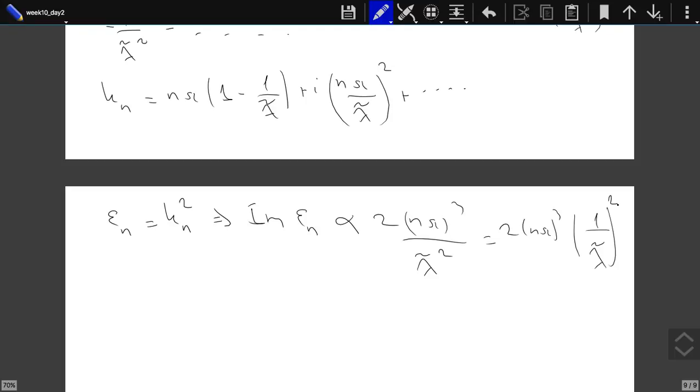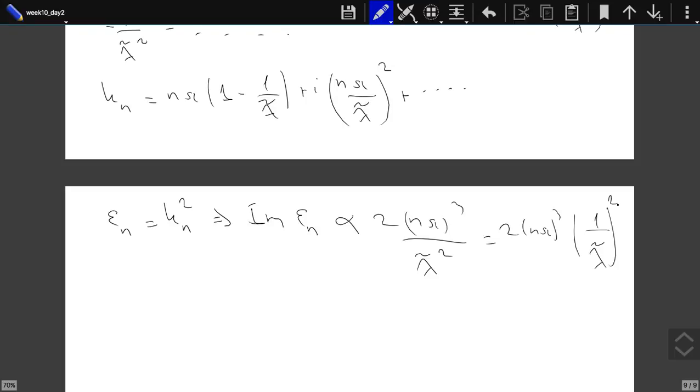Now, this 1 over λ̃, we said that if λ̃ is infinite, there is no tunneling. There is no coupling, there is no decay. So if you start with this compact state, bounded state, then it just stays bounded. There is no way it will go away. But if 1 over λ is non-zero, then there is a finite probability that this will tunnel.